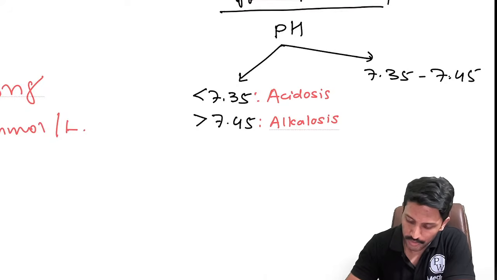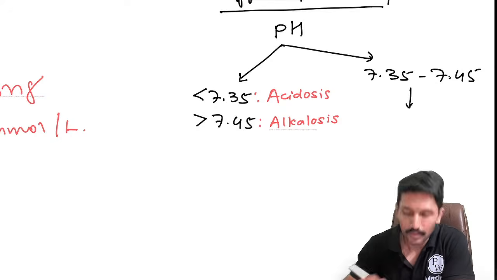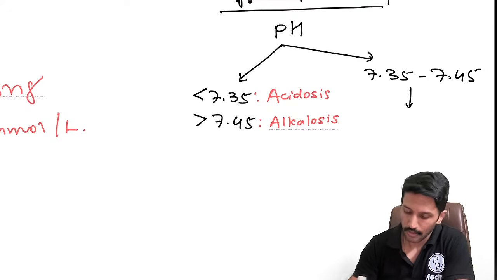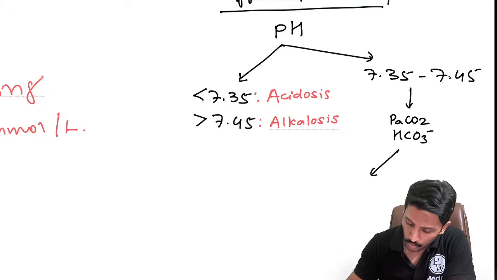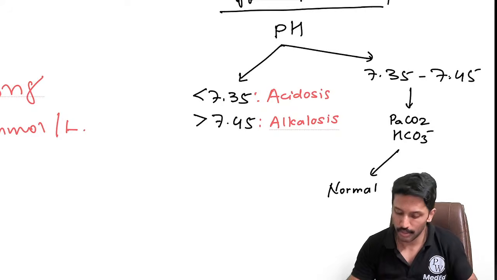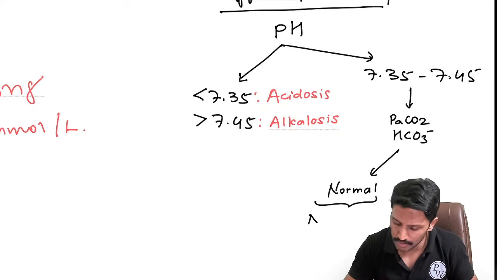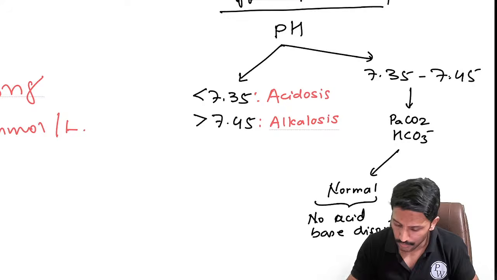So how will I get to know whether there is no acid-base disorder or a fully compensated acid-base disorder? You have to see what is happening to PaCO2 and bicarbonate. If those values are also normal, meaning pH, bicarbonate and carbon dioxide are all normal, that means there is no acid-base disorder.